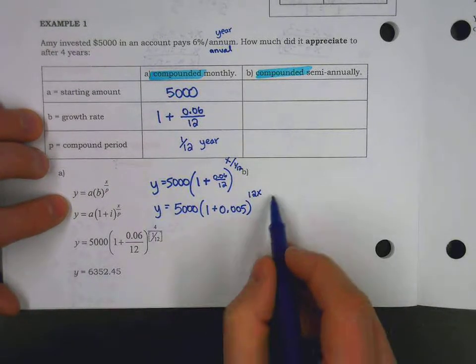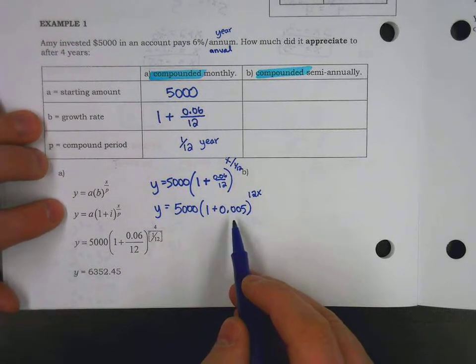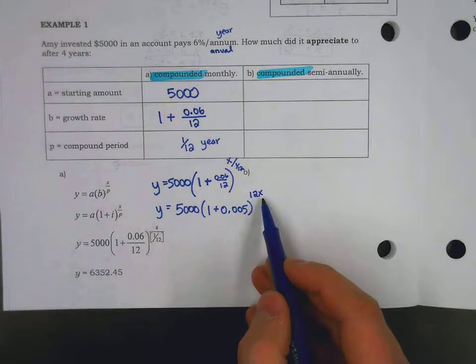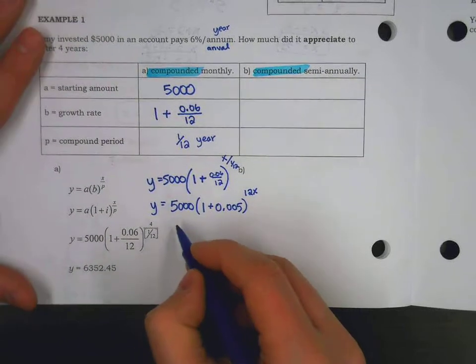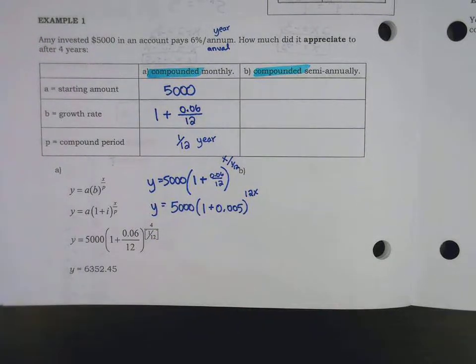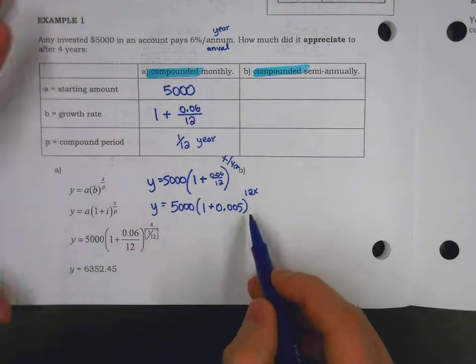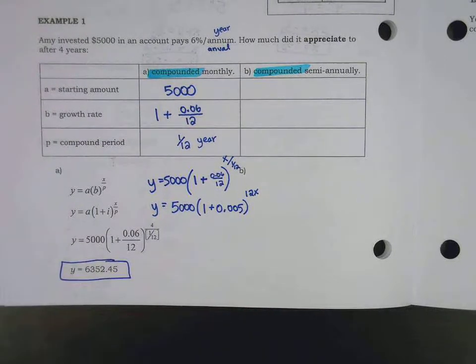This was actually a question taken from the diploma where it asks, what is an equation where x represents the number of years and y represents the accumulated amount? So this is an example that could be very much a multiple choice diploma example. And if you punch this into your calculator, out comes $6,352.45.